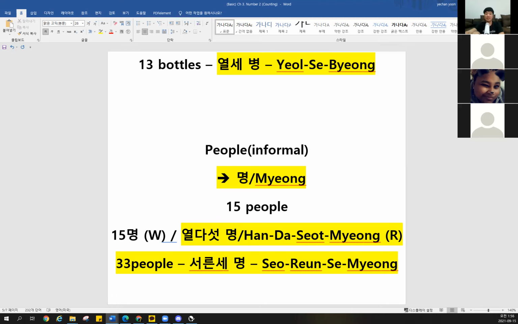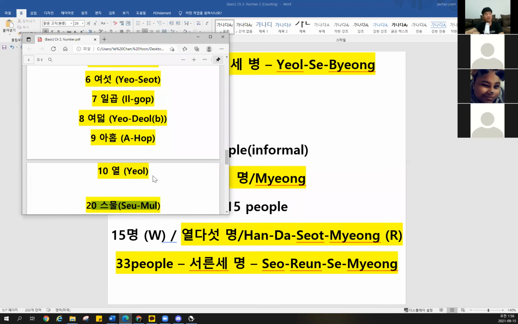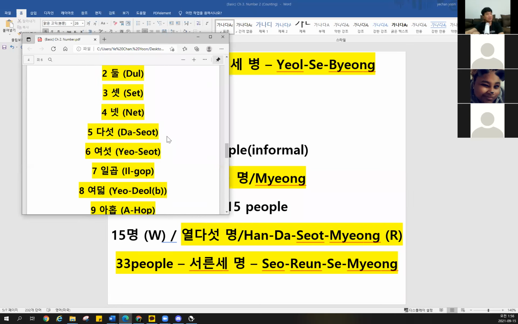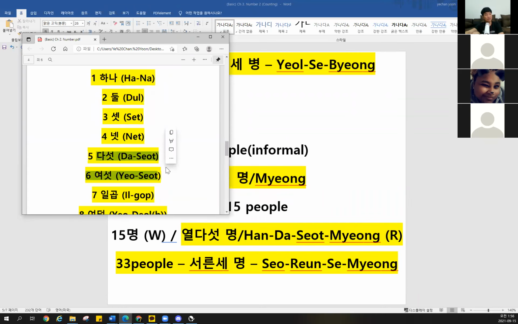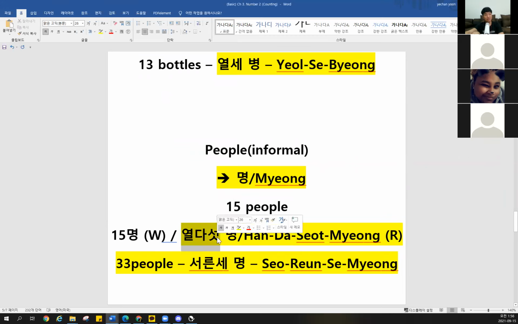The format was 10 plus 5. Then how can you say 10 plus 5? So what was the 10? 열. And what is the next one? 5, right? 다섯. So you can just add them together. Then what's it going to be? 15, and the counting word is 명. So 15명. This is the answer.